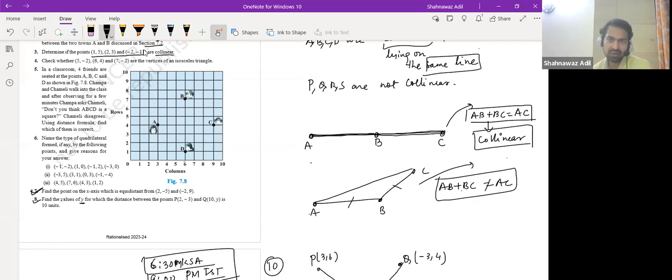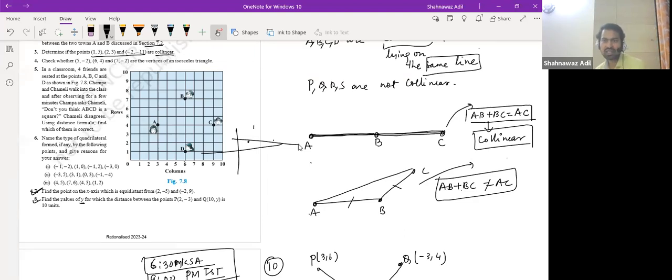We only have the distance formula in our hand. Absolutely correct. But in case of this chapter, we know about the distance formula, right?